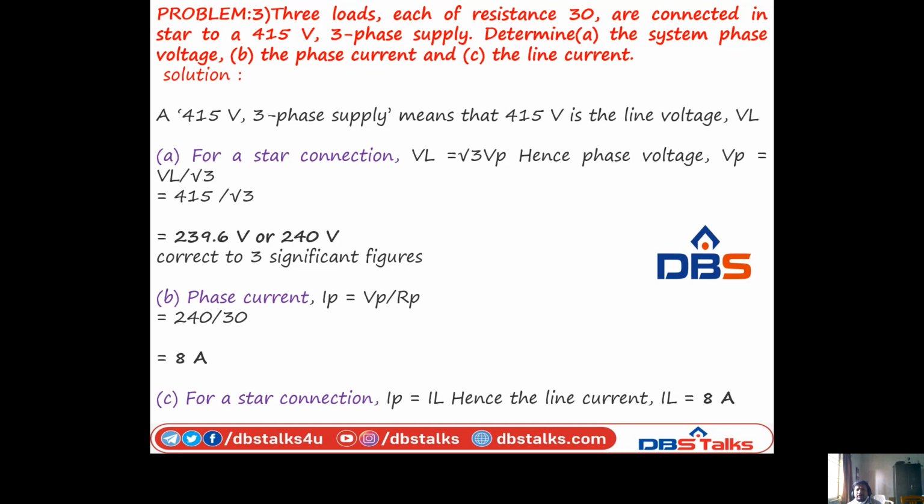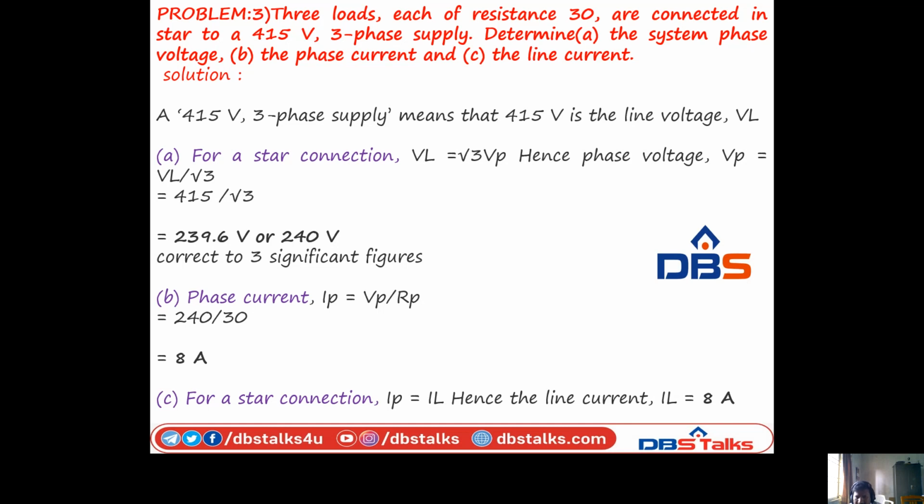Now, next one, phase current. In a star connection, line current is equal to phase current. We know the phase voltage and the resistance of the phase. Therefore, phase current is equal to V phase by R phase, 240 by 30, that is equal to 8 amperes.